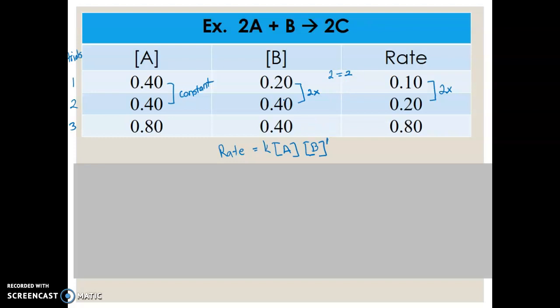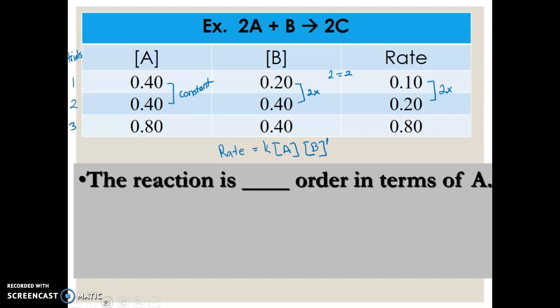And so right now we know that B is first order. Okay? So now we're going to look at trial 2 and trial 3. I'm going to just change colors here. So here we see that reactant A is doubling, okay? And reactant B is constant here.